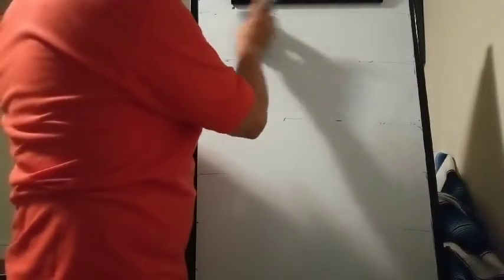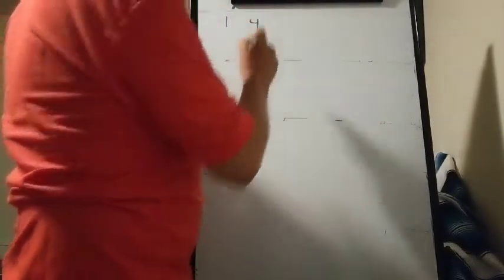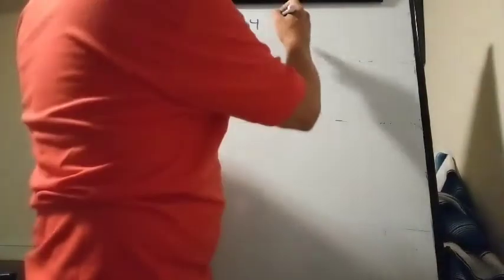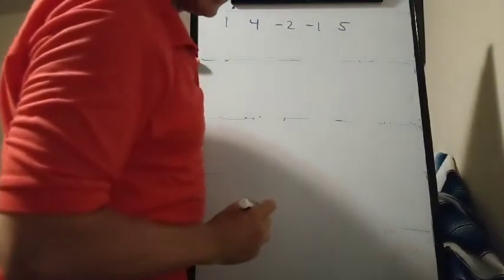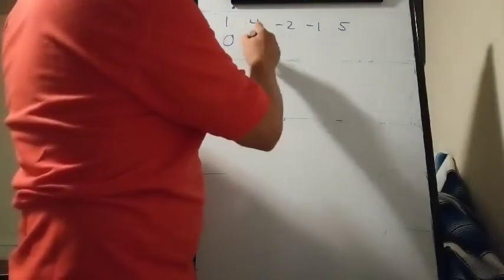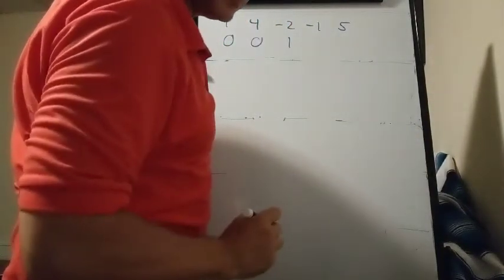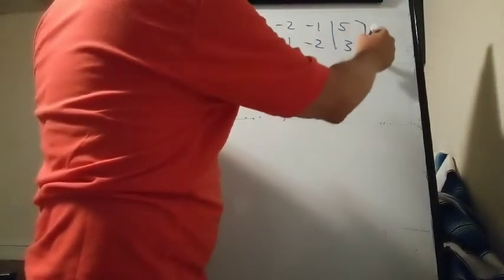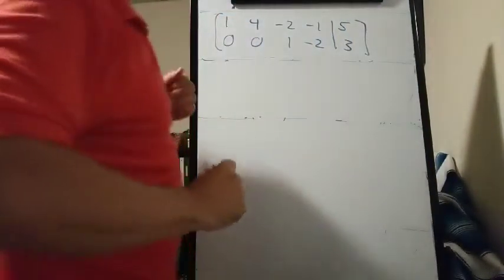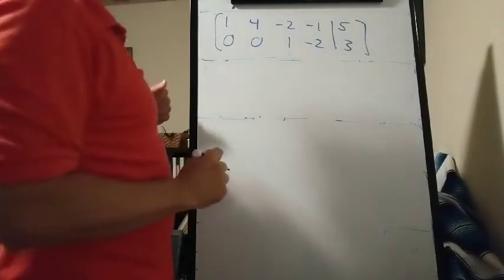Well, let me just say I row reduced this and I got the augmented matrix 1, 4, -2, -1, 5, and 0, 0, 1, -2, 3. So this is already in row echelon form.